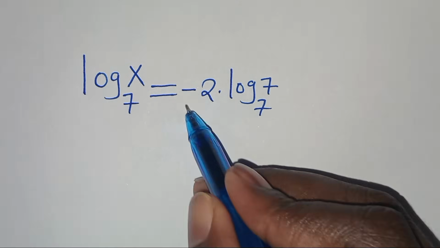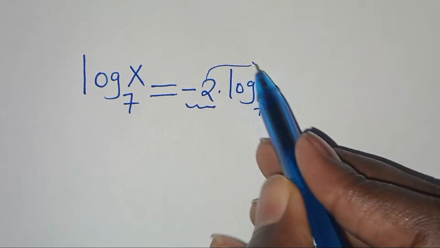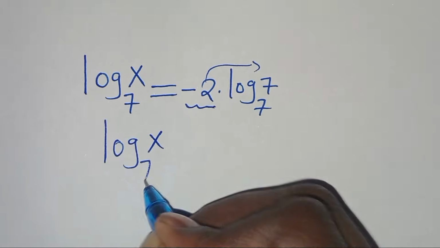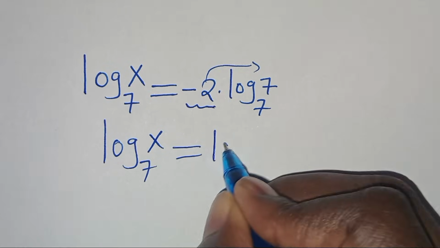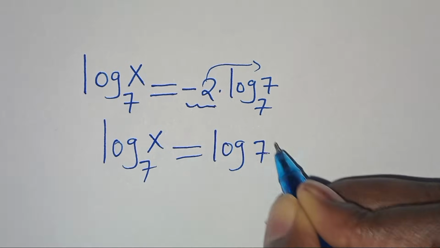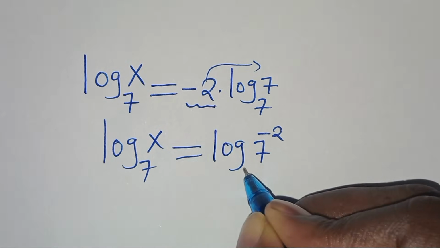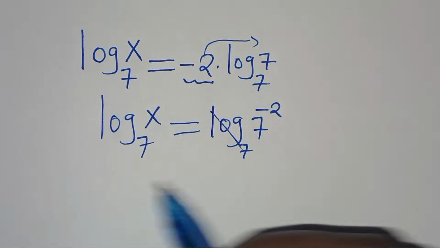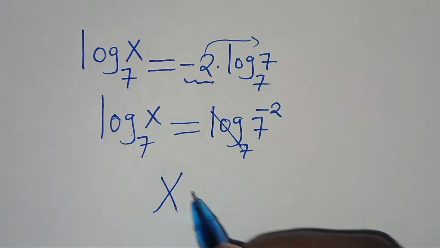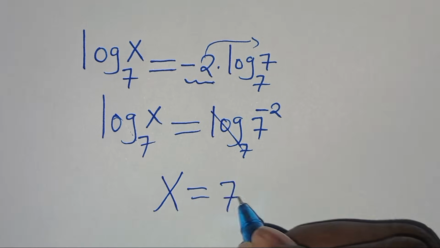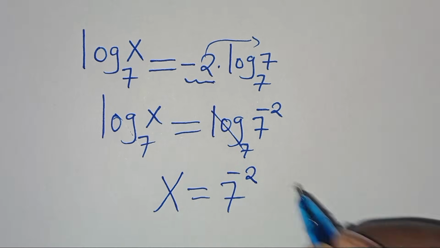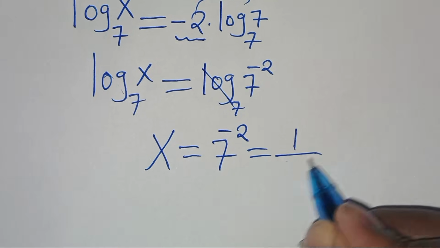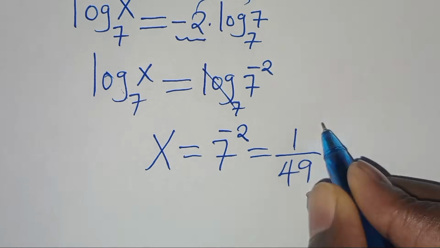So in this case, minus 2 here becomes the power, so that we have log x to base 7 is equal to log 7 to the power of minus 2, then to base 7. So here we can simplify, so that now x is equal to 7 to the power of minus 2. And this is the same thing as 1 over 49.